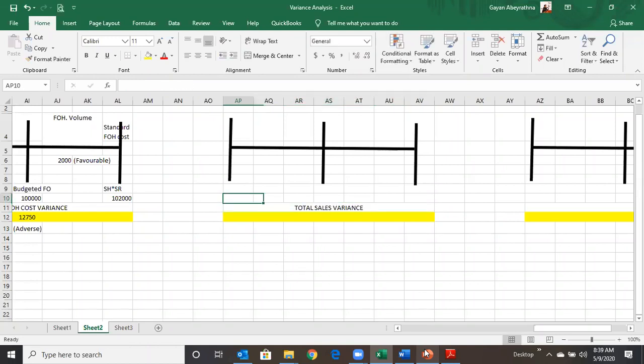Total sales variance, as you know, refers to the difference between actual sales and the standard sales income.